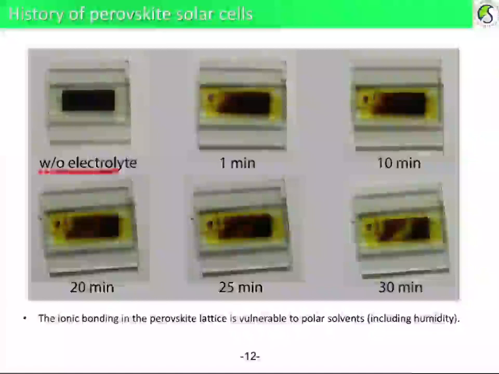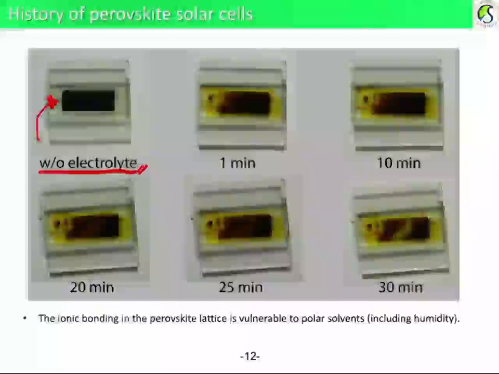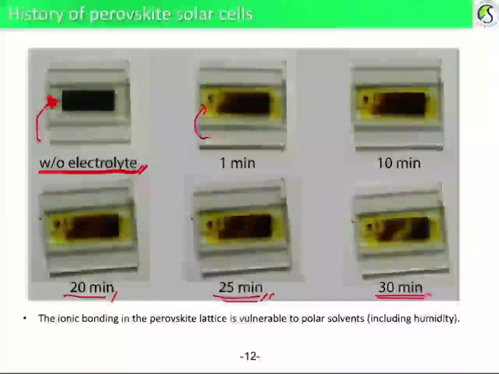So you can see that without injection of electrolyte into the device, the color of the sensitized titanium dioxide layer is very dark, but as we inject the electrolyte into the device, it starts to dissolve the perovskite nanocrystal on the surface of titanium dioxide, and as time goes by, it completely dissolves the perovskite crystal on the surface of titanium dioxide.